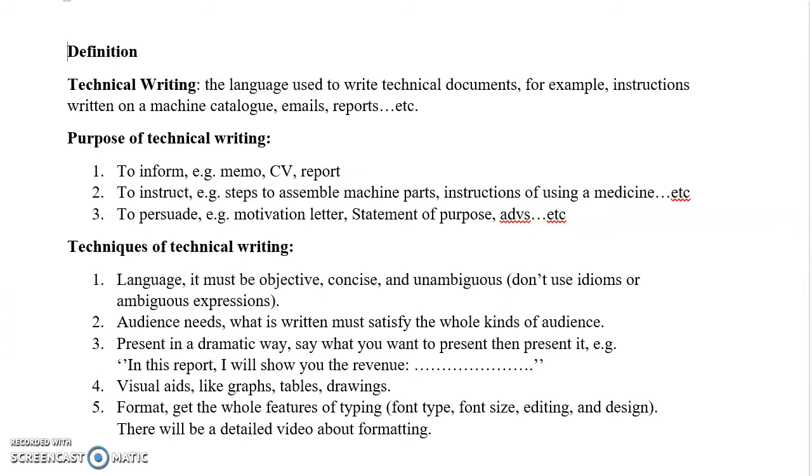Like when we buy, for example, a table, and this table is put inside a box, the parts of this table will be many. It is not fixed. So I will need a catalog or the steps to assemble this table.